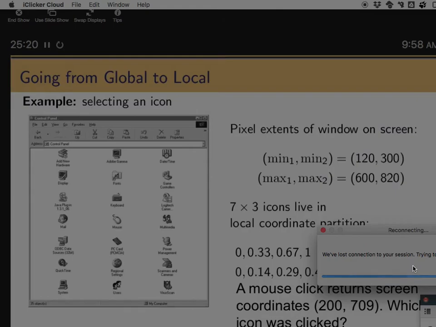Because now it's telling me I've lost the connection. It's trying to reconnect. Okay, now it's back. Okay, we got 56 in. We're good.